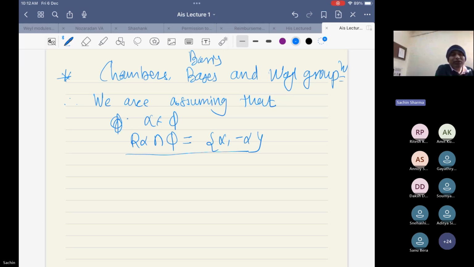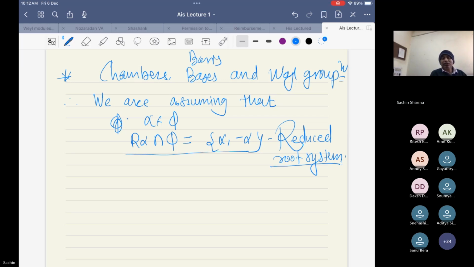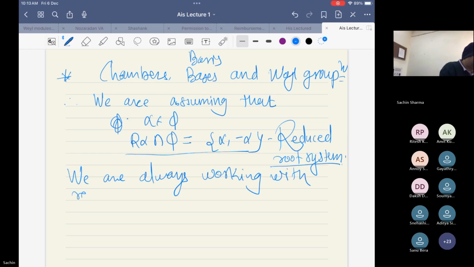If you assume such a condition on the root system, it is called a reduced root system, and we are always working with such systems.